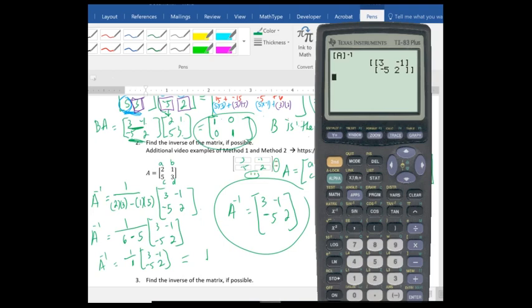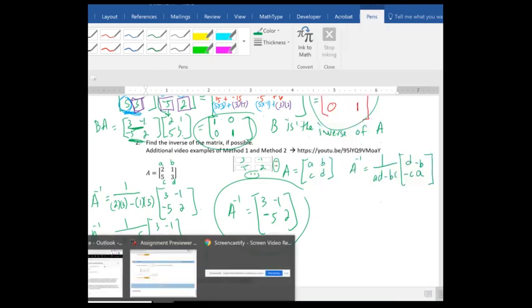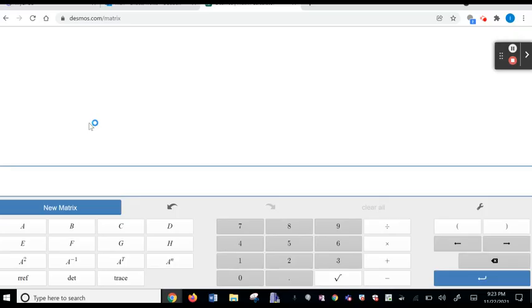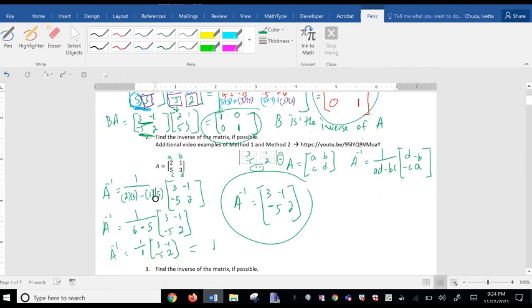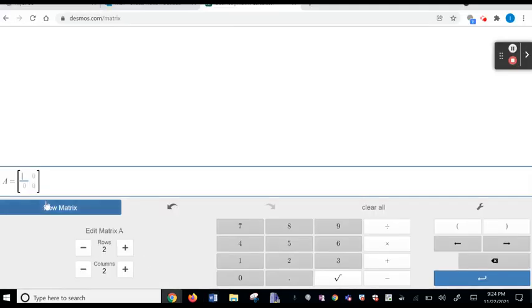If you don't have a graphing calculator, you can go to decimals.com. So if you don't have a calculator, you can use the decimals.com matrix calculator. Okay, so you would click on new matrix and we're going to enter our values. So our values are 2, 1, 5, and 3.